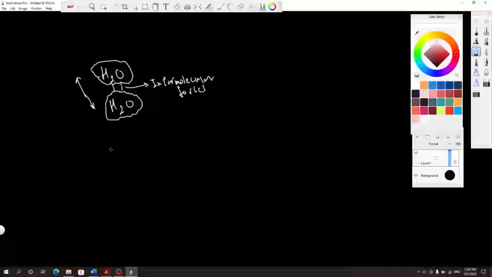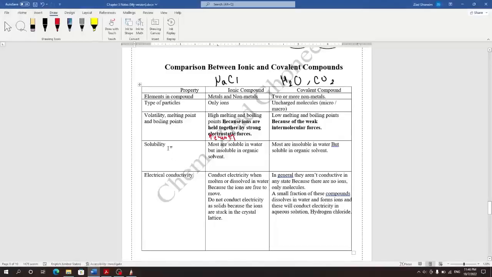That's why the boiling point and melting point for covalent compounds is very, very low. Why? Because the intermolecular forces between the molecules are very weak, so they don't really require a lot of energy to break. Solubility. Most ionic compounds are soluble in water, but insoluble in organic solvents.